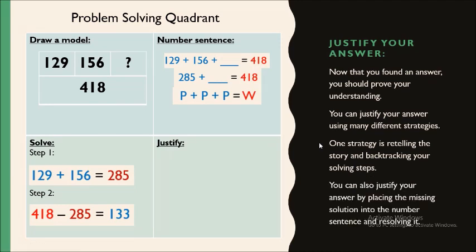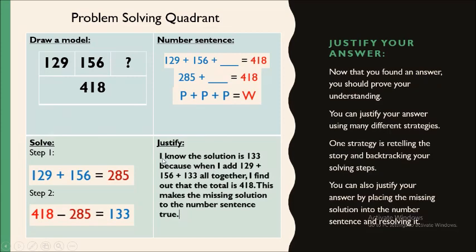You can also justify your answer by placing the missing solution into the number sentence and resolving it. And that's basically the one that I am going to be showing you today. So since we figured out the solution to be 133, if you place that in there, and if all these numbers match, then you know that you got the right answer.